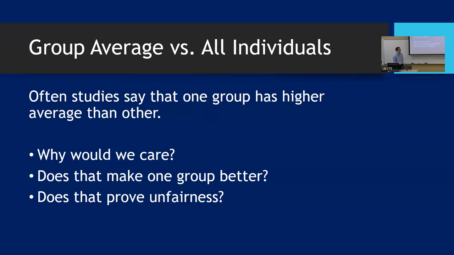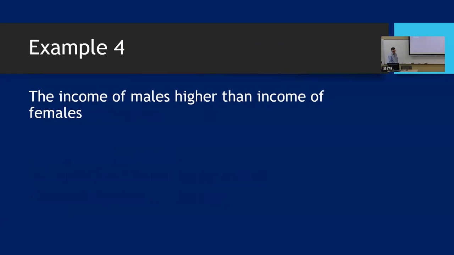And just like with our smoking and committing crimes, we can't necessarily attribute some sort of unfair circumstances to group A versus group B. So it doesn't make one group better, and just the fact that averages are different doesn't prove unfairness.